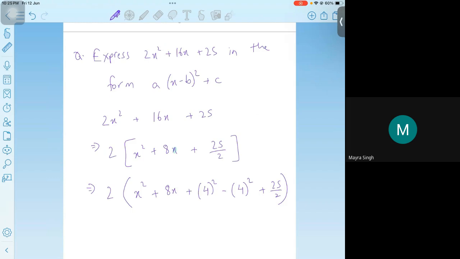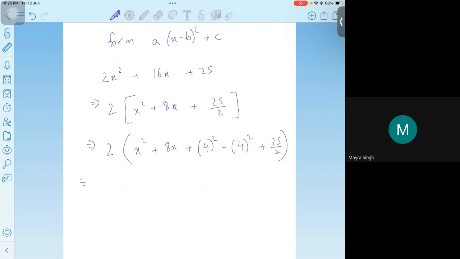Is anyone struggling to follow? Okay, so let's carry on. And then we can just take this whole part and make this x plus 4 whole square. So we're left with 2 times x plus 4 whole square minus 4 squared plus 25 over 2.